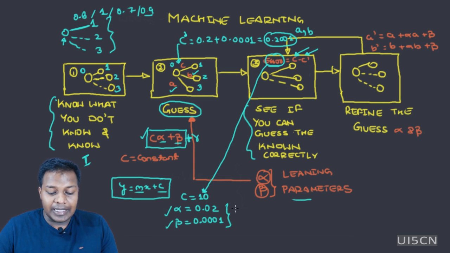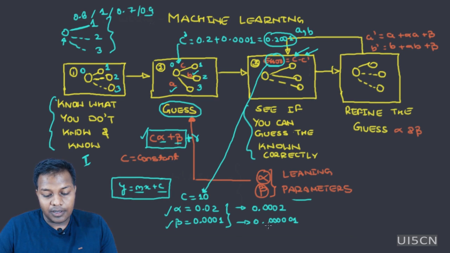We say, okay, let's go and add 0.0002 to alpha, and let's add 0.000001 to beta. So a small increment, and we do that with alpha and beta.